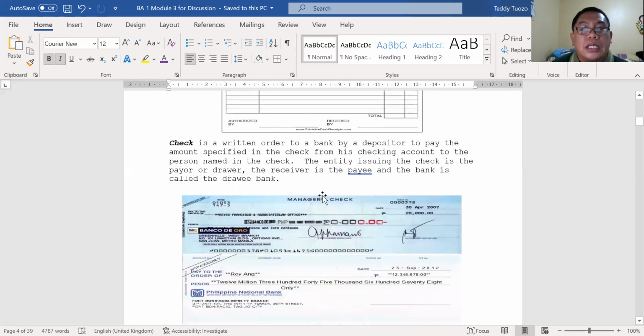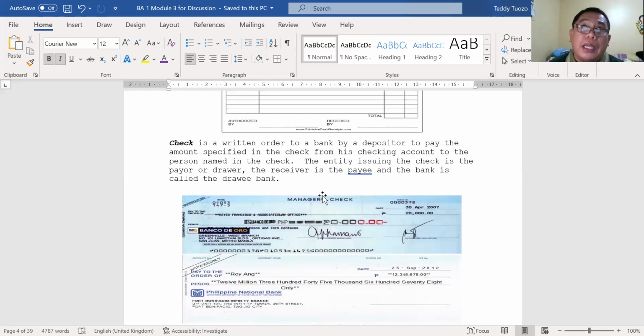Check, no, of course, as I've said, if the business establishment uses an imprest system wherein we have a petty cash fund for small expenditures, and for expenditures beyond the limit for the petty cash fund, then a check will be issued. No?